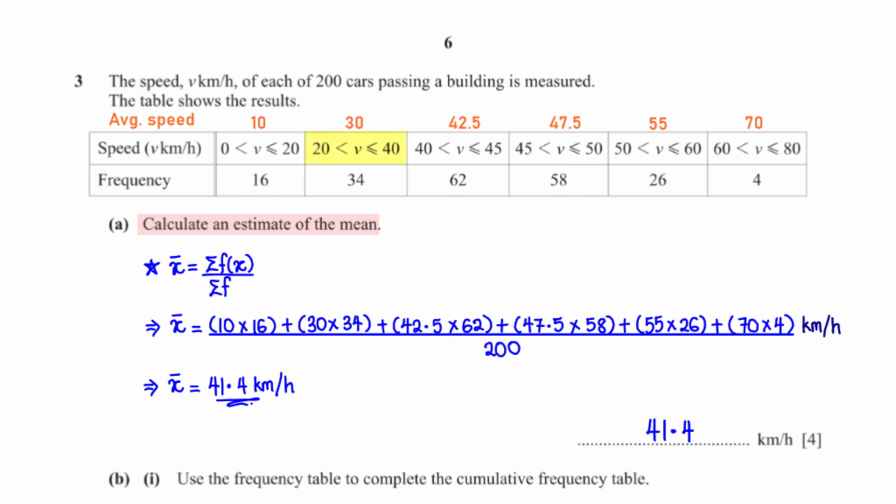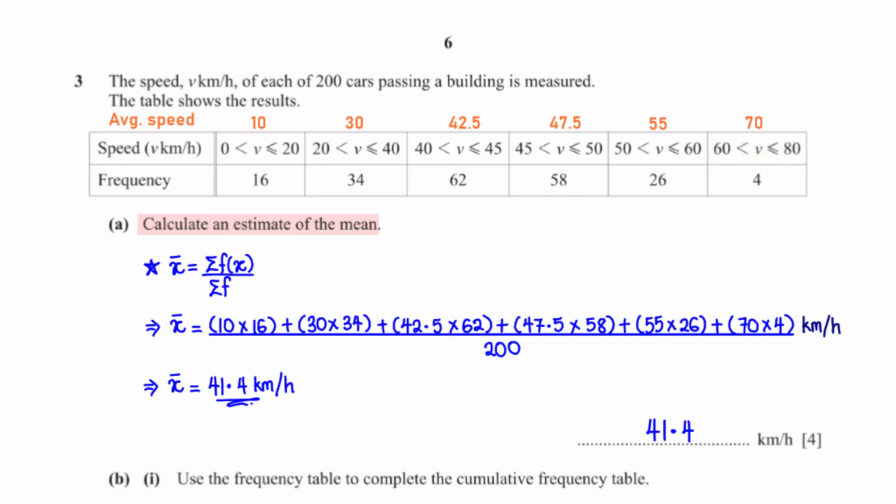Then we have 20 plus 40 divided by 2, which is 30. 40 plus 45 divided by 2, which gives us 42.5. 45 plus 50 divided by 2, which gives us 47.5. 50 plus 60 divided by 2, which gives us 55. Then finally, we have 60 plus 80 divided by 2, which is 70.